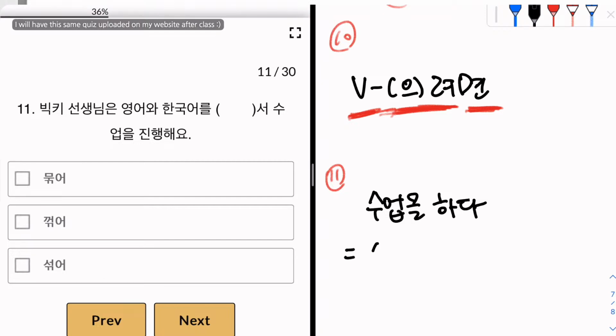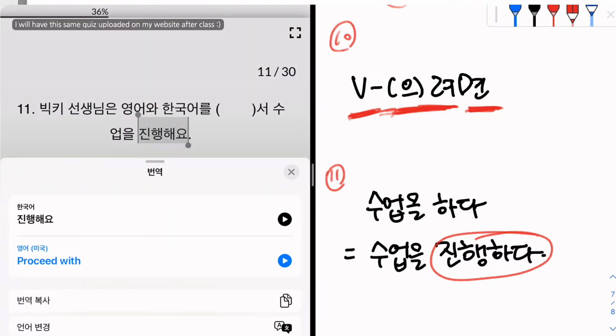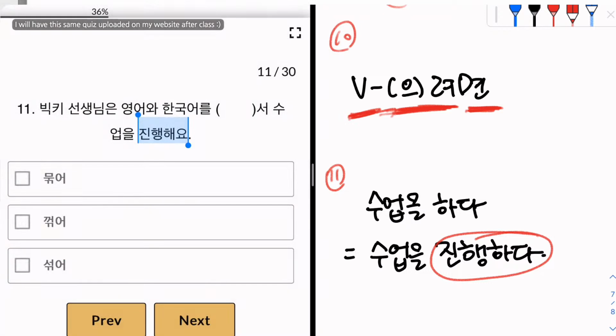And you can also say 수업을 진행하다, which would sound slightly more formal. If you look up 진행하다 in the dictionary, it says proceed with. But you can think of it as a harder version of 하다. So it means to do, to conduct, to continue with it. So basically you do it, right? So Miss Vicky does conduct a class.